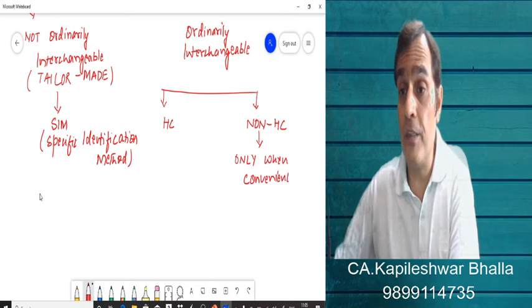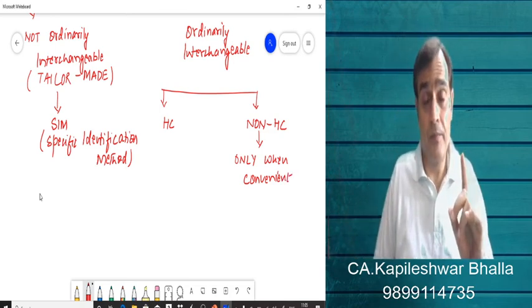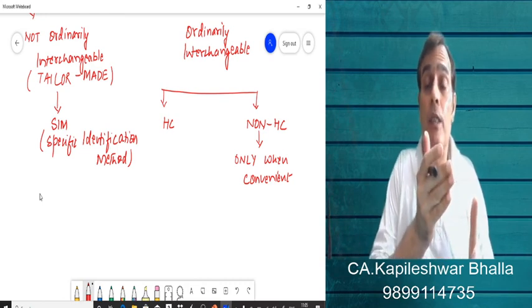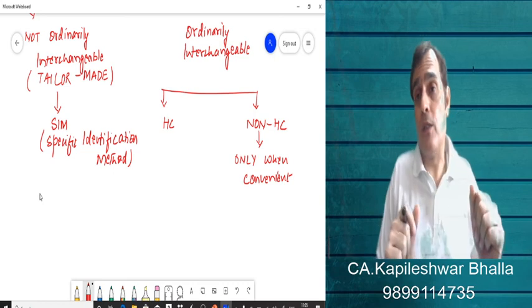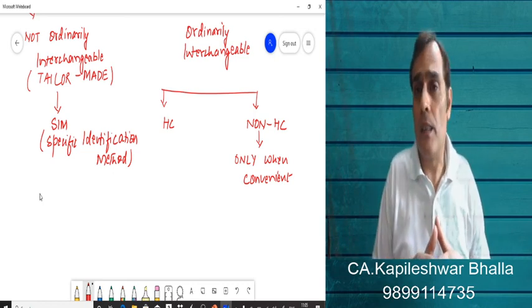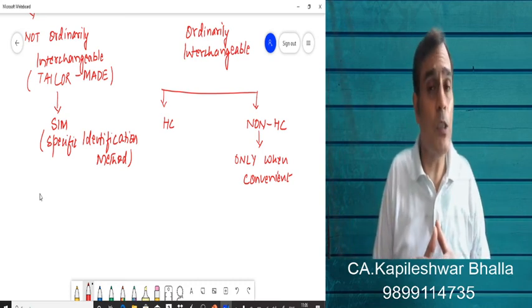Your first preference will always be towards a historical cost method. It is only when it becomes inconvenient to apply a historical cost method, like for example in departmental stores, that we would apply a non-historical cost method.